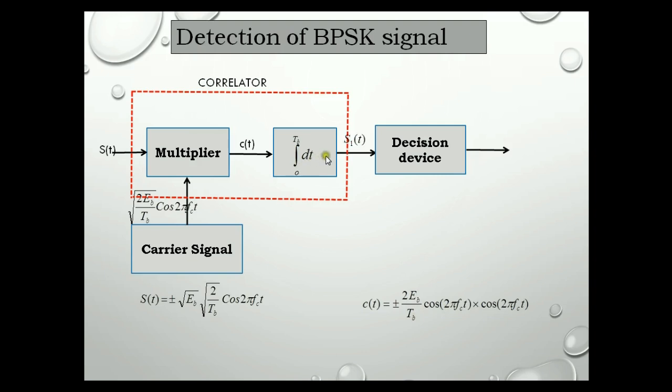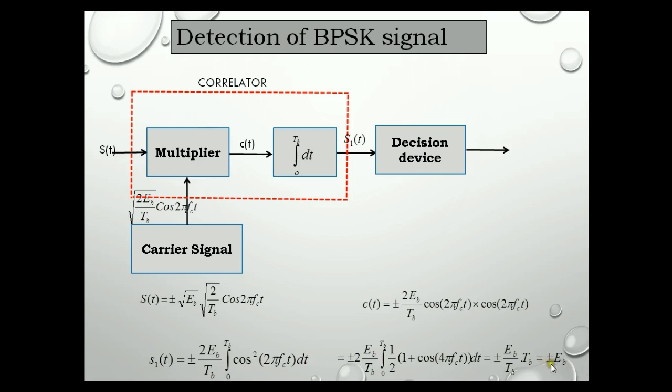The output of the integrator is indicated as S1 of t, which will be equal to plus or minus 2EB divided by TB integral 0 to TB cos square 2 pi FCT into dt. On simplifying this, we get S1 of t as equal to plus or minus EB, and this is applied to the decision device.